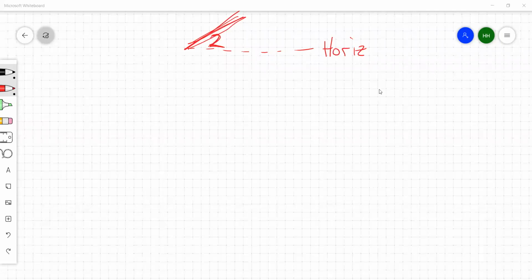All right, we talked about it earlier this year, and we're working with it again in this section and this week. So, inverse variation.